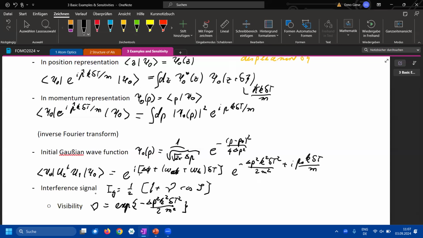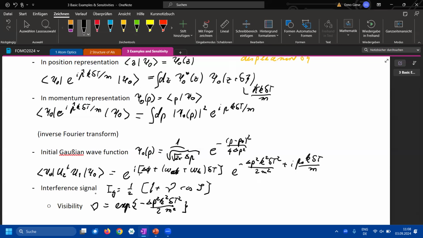And we observe now that if we have a vanishing momentum distribution, our visibility is equal to 1. Why is that? Vanishing momentum distribution means that we have an infinitely broad wave packet in space. And because we have it displaced in space, of course, the overlap will be perfect.